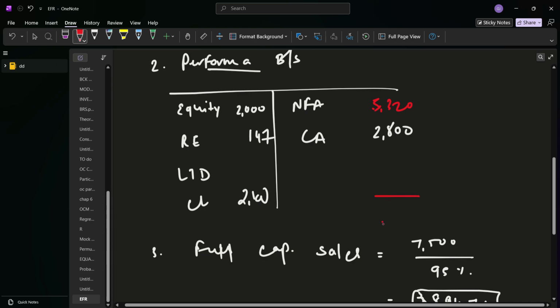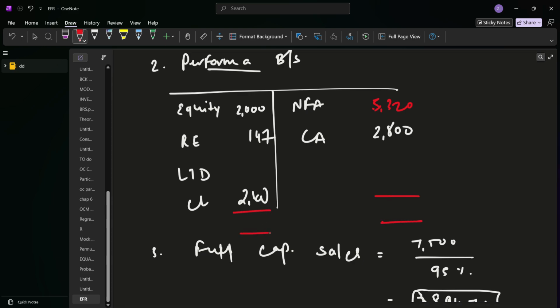So let's total this. Okay. So 5,320 plus 2,800, which is 8,120. Alright. And 3,000 plus 147 plus 2,100, which is 5,247. Okay. On the left side, minus 8,120 gives me my LTD to be 3,873.